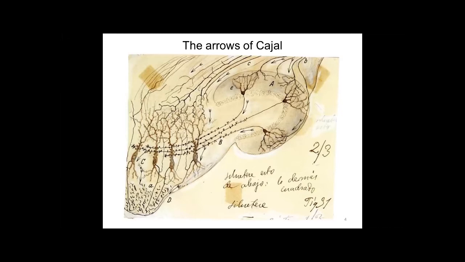Cajal drew some arrows in these beautiful drawings of brain regions, suggesting the direction of information flow running through the system.